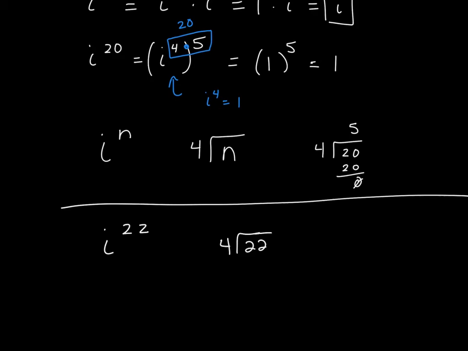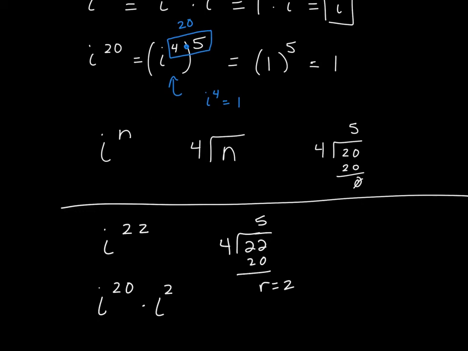I know that it still goes in 5 times, but now my remainder is equal to 2. So let's break this down. That's the same thing as saying i to the 20th times i to the 2nd.